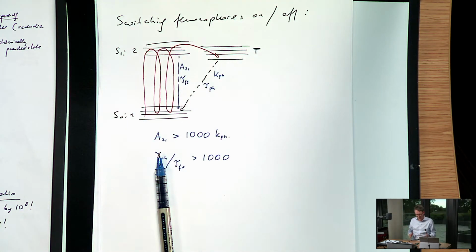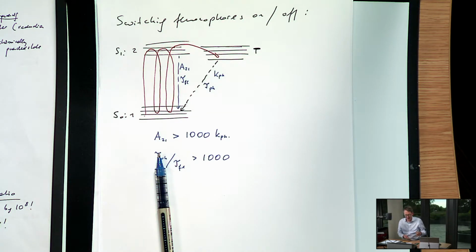So it's off 1,000 times longer than it is on by doing this trick. That's nowhere near enough to get enough fluorophores off. You would still have massive overlap, and you would not be able to isolate the single molecule point spread functions. So you need much better control of the off rate.